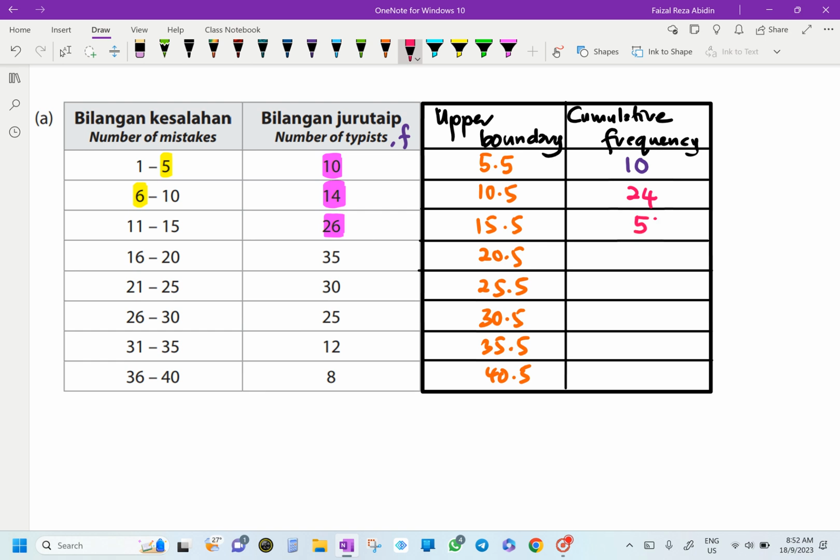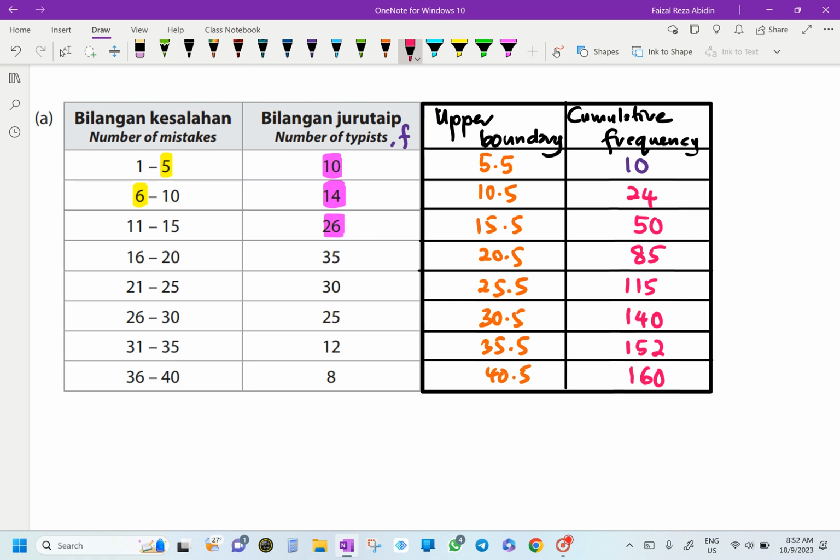50. And so on. 50 plus 35, 85. 85 plus 30, 115. 115 plus 25, 140. 140 plus 12, 152. 152 plus 8, 160.